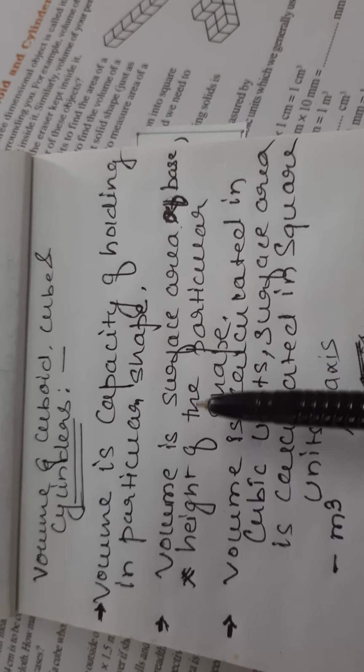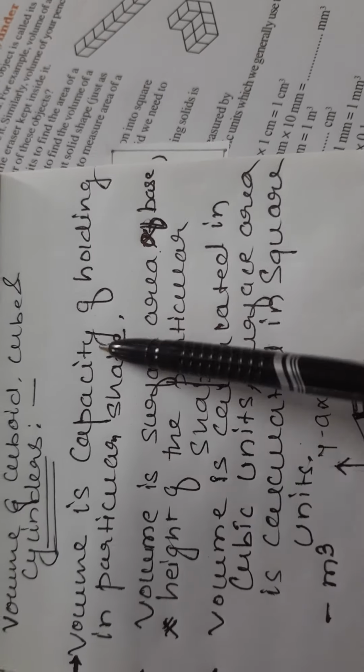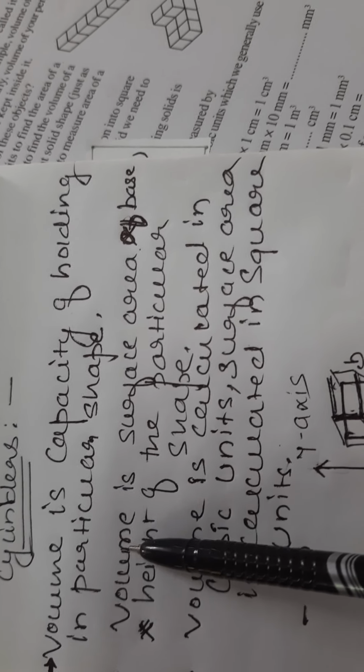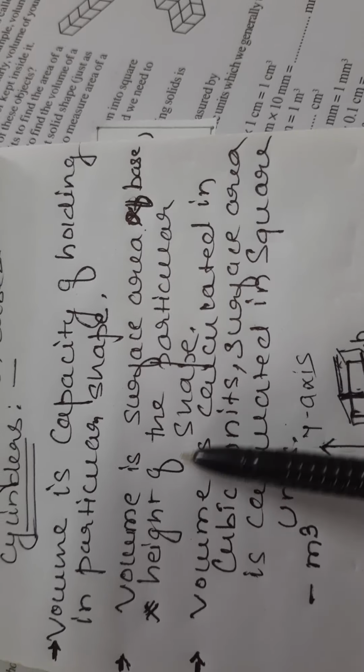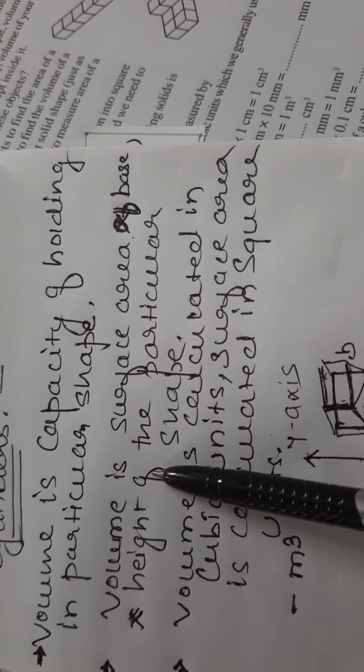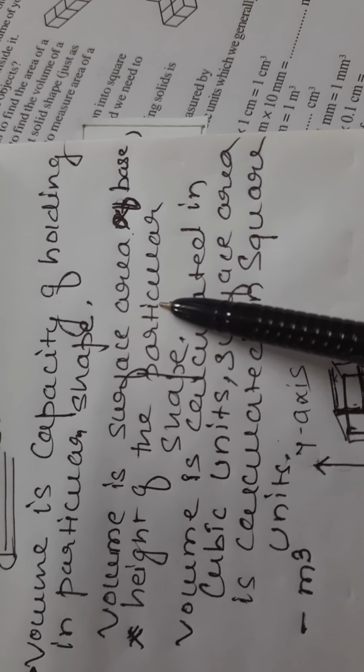Now volume. The capacity of holding in a particular shape is known as volume. Volume is the surface area of the base multiplied by the height of a particular shape. Suppose I take an example of a cuboid.